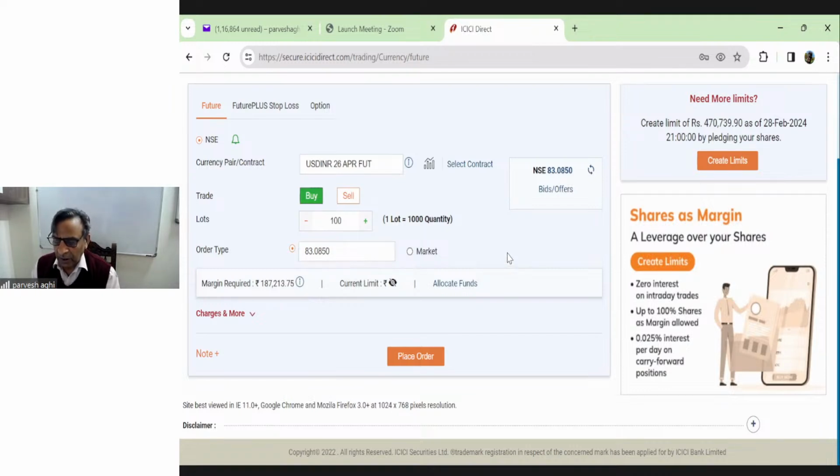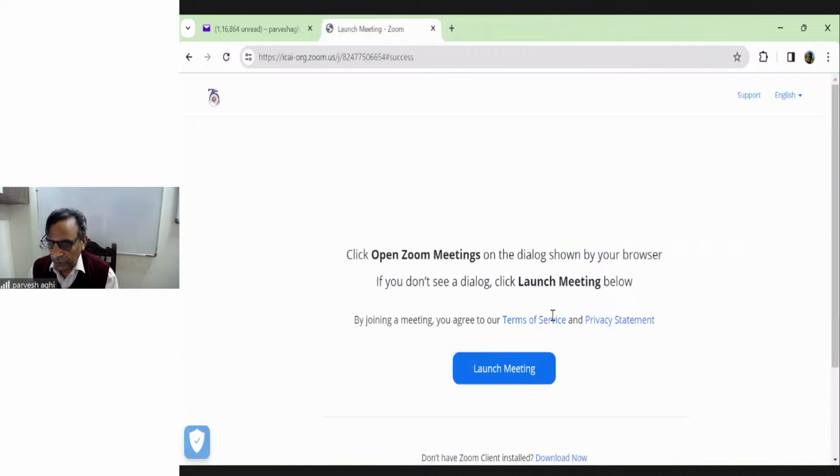If I think the dollar is going to appreciate, I'm going to immediately put this rate so that I get the current rate. If I think the dollar will go down, then I can put a rate a little lower than this, I can say 83.0600. I can put any rate, and whenever the rate comes to that level, my order will get executed. Okay, I'm just coming back to the screen now.